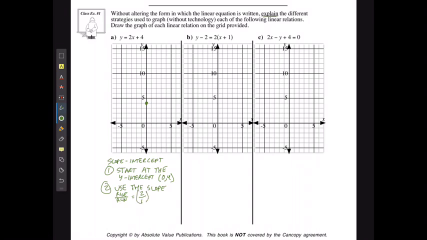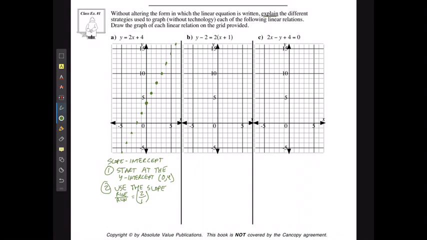And I'm going to draw the other points. So starting at this point, I'm going to use that slope and go up to right 1, up to right 1, and so on. If I'm going backwards, I would go down to left 1, down to left 1, down to left 1, so on and so forth.